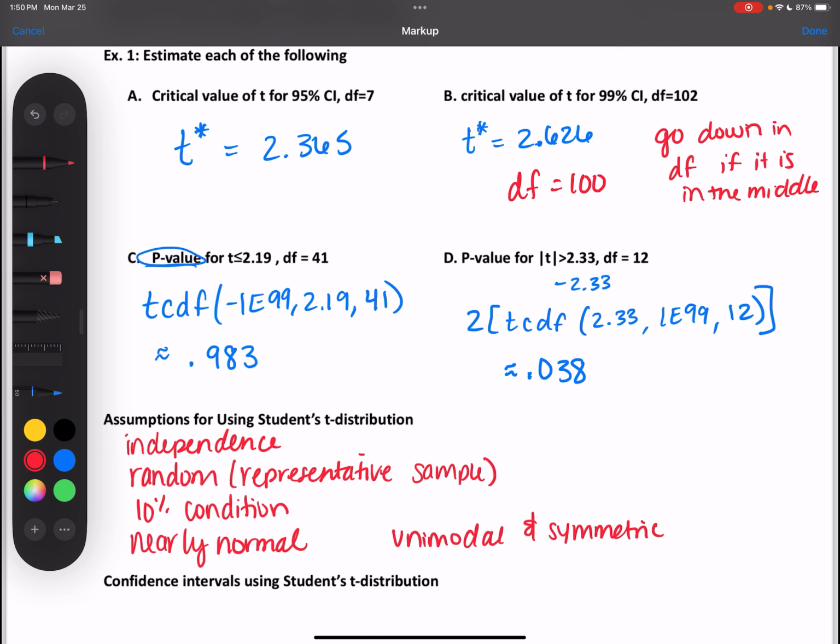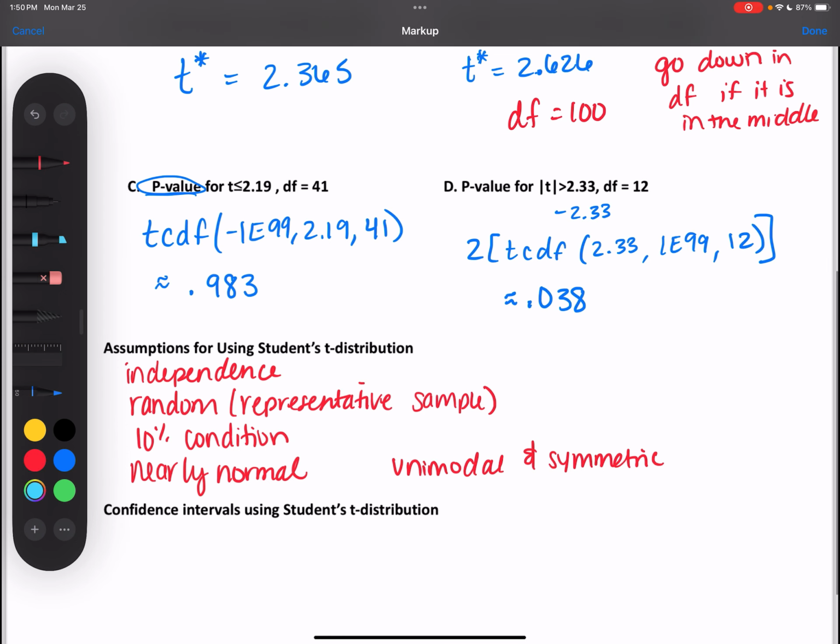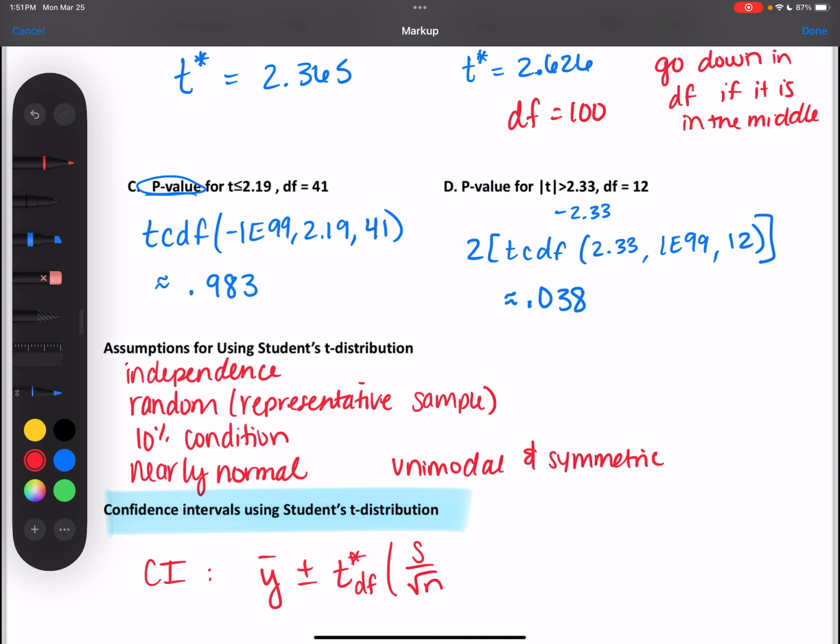Now this next thing, you're going to want to make note to make sure that you know this formula. The confidence interval using the student's t-distribution is y bar plus or minus t star sub df, which is degrees of freedom, times s over the square root of n, where s is the sample standard deviation.